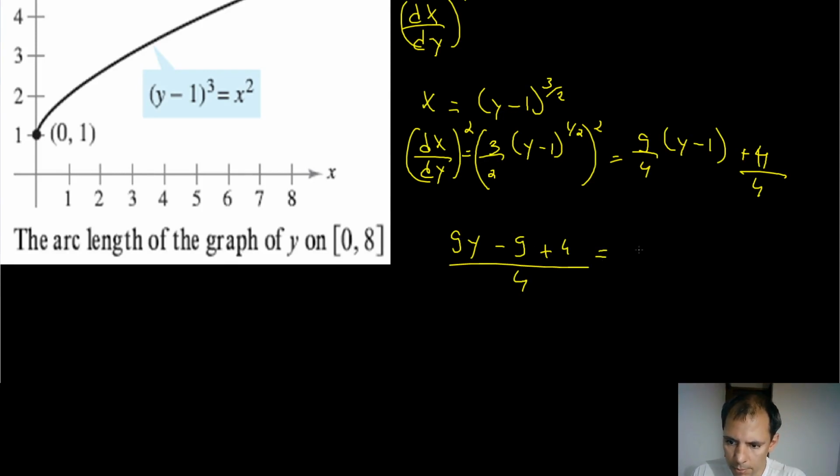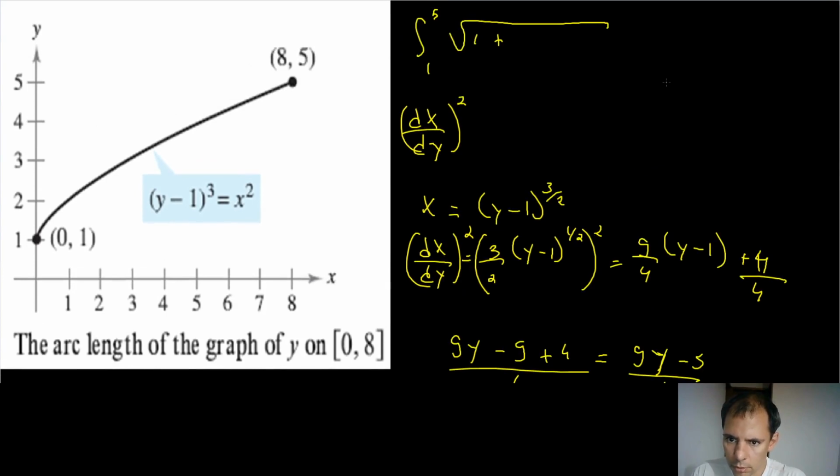Okay, so this is going to be 9y minus 5 divided by 4. That's what I'm going to put in here. It will be 9y minus 5, everything divided by 4.